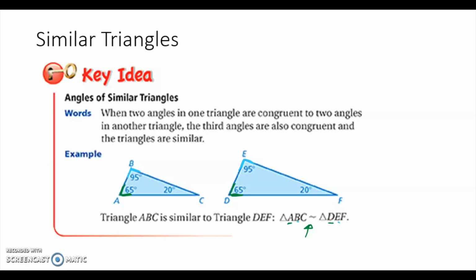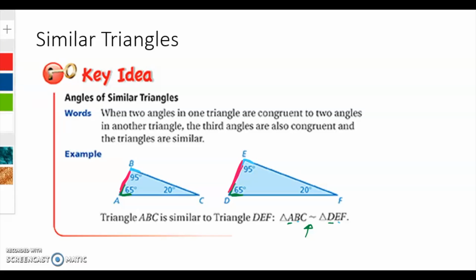They're the same measure. So the side between those two, this side here, side AB, corresponds to side DE. The pink sides are going to have a proportional relationship with each other.